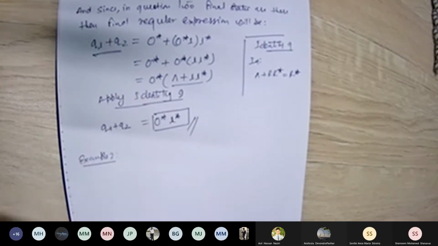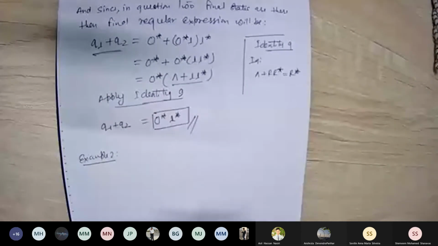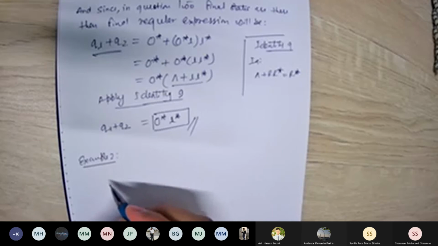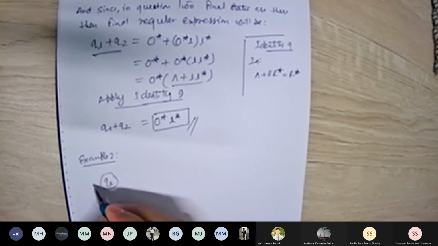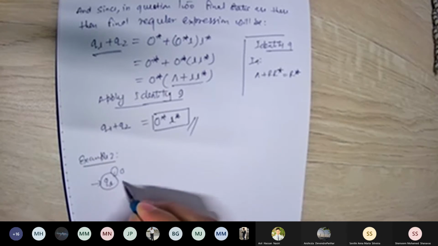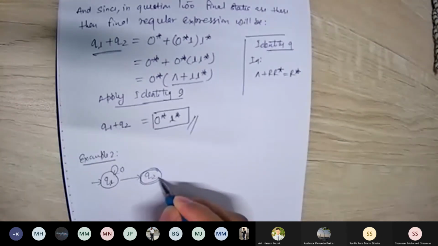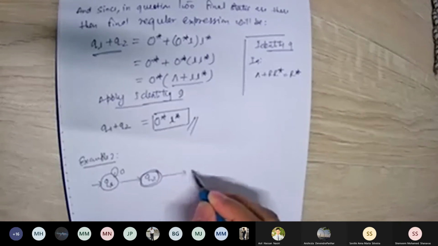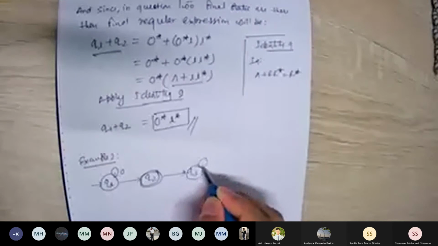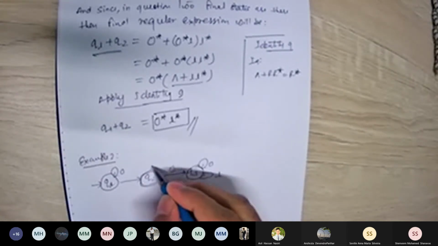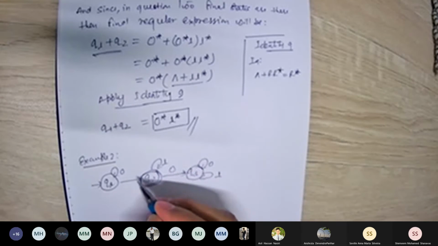Example 2: if you have only one final state, that is Q2. So if you have a question like this, Q1, 0, Q2, and this is the final state as well, then Q3, 0 1 0 1 1.